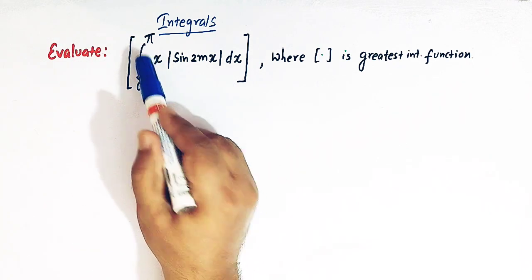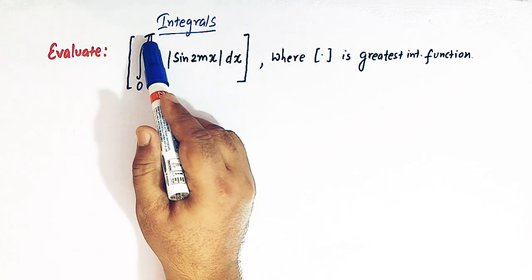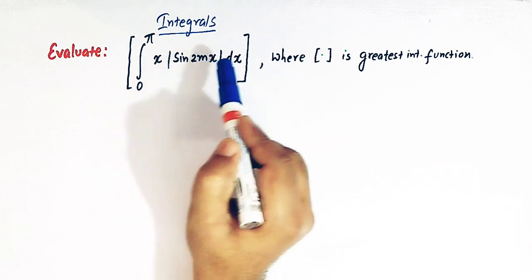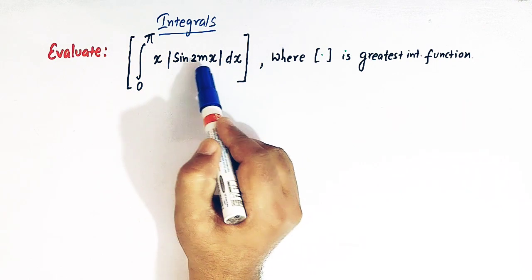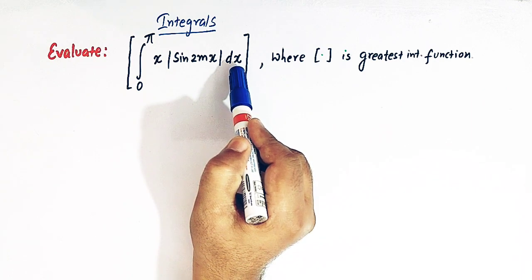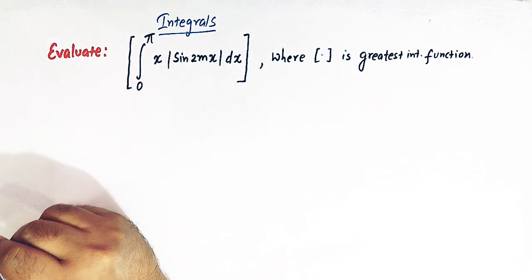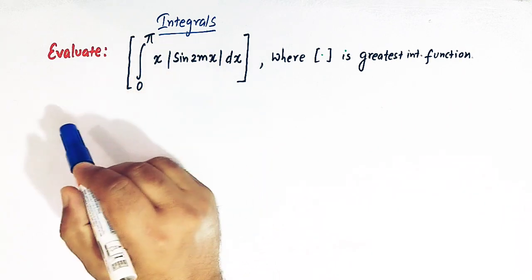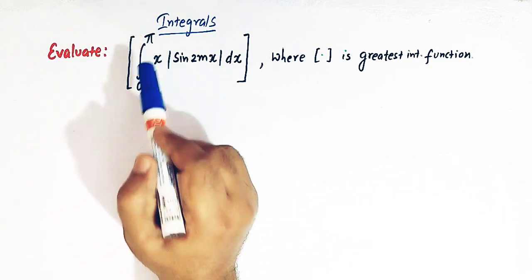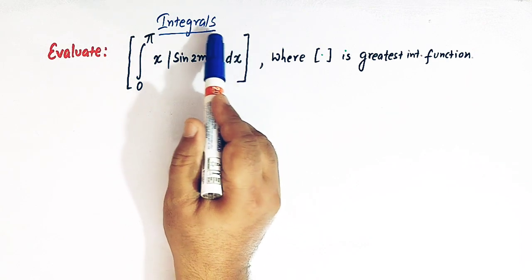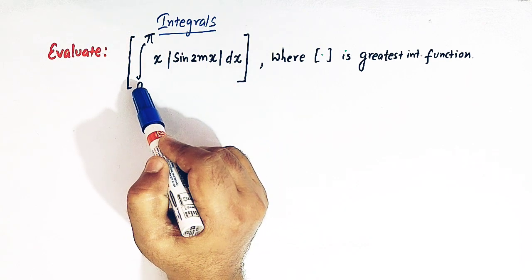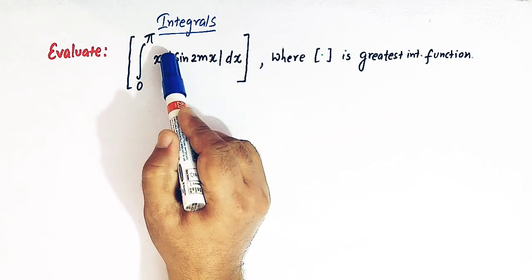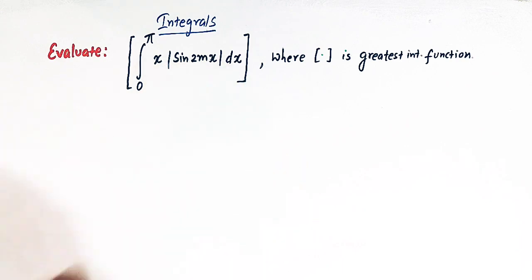Here we have the integral from 0 to pi of x times mod of sine 2mx dx, and here m is some integer. So in this problem, first we'll find the value of this integral, from 0 to pi of x mod sine 2mx dx.